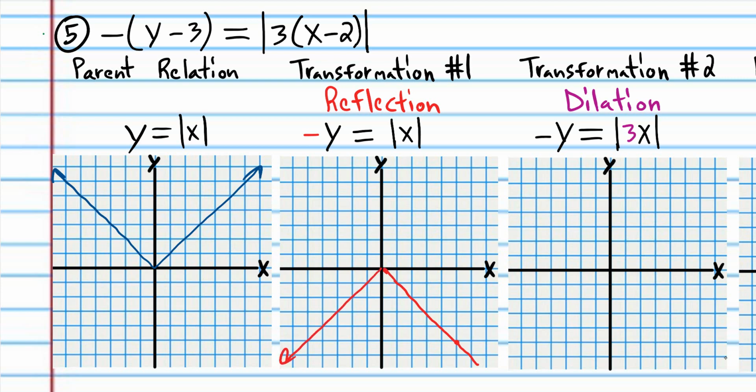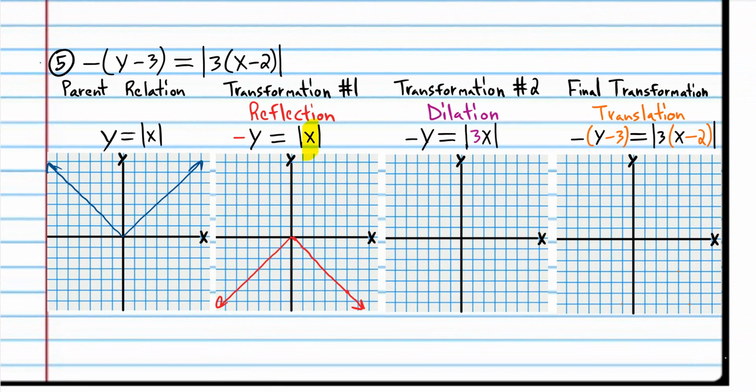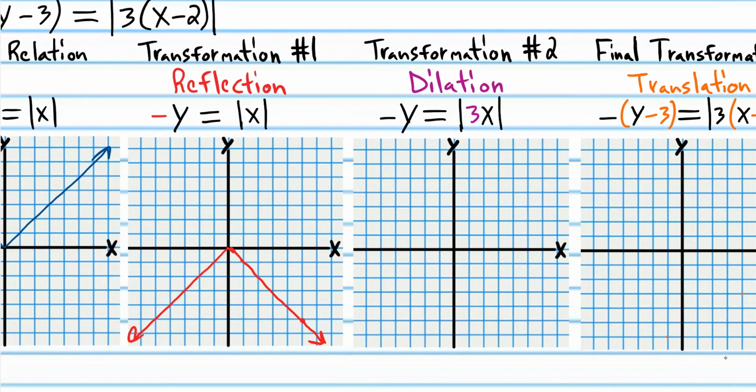So you know what to do. And now we're going to replace x with 3x because we have a 3 in front of x minus 2. So we know eventually we're going to need a 3. When you do that, you divide all the x values in the graph of the previous equation by 3. Divide by 3, not multiply by 3.